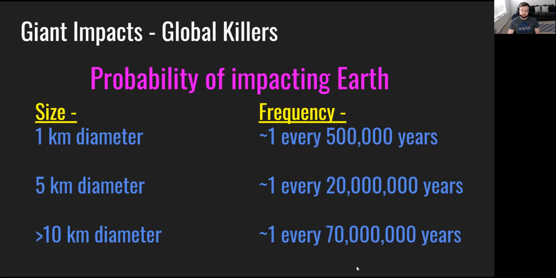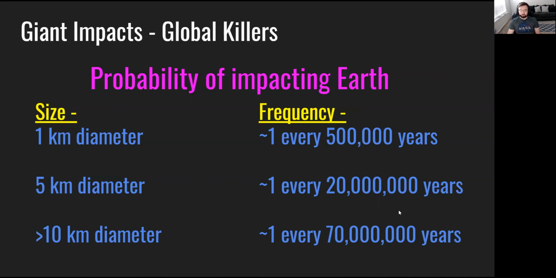If each of these things were to happen, a 1 kilometer diameter asteroid, you're looking at city devastation. Like if one hits the city of Houston, it's going to be a mess for quite a while. The rest of the country will be relatively okay. 5 kilometer diameter, you're looking at wide regional destruction.